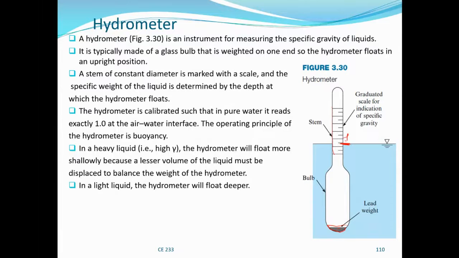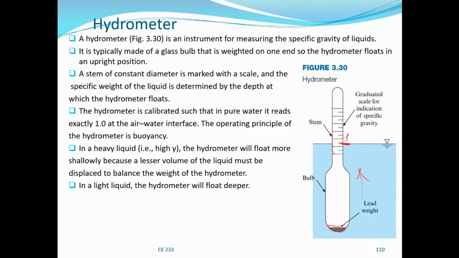In a heavier liquid, that is, high gamma, when the specific weight is higher, the hydrometer will float more shallowly. In water it is 1. If the density is higher, then the buoyant force will push the hydrometer up.